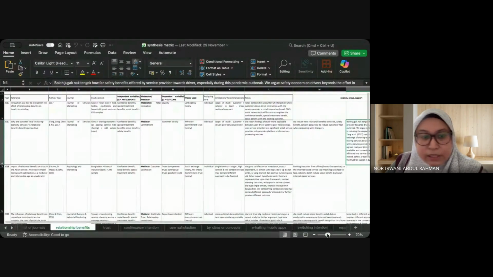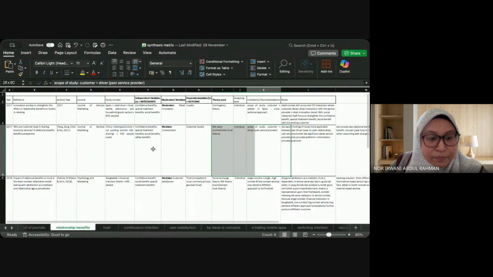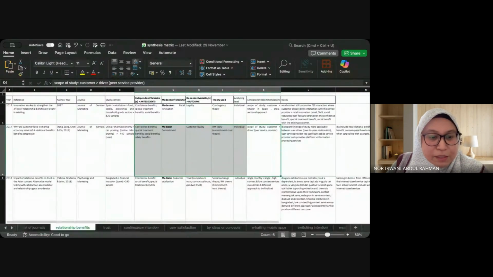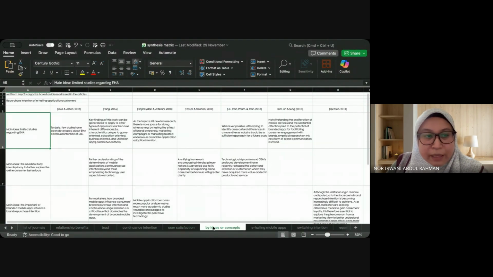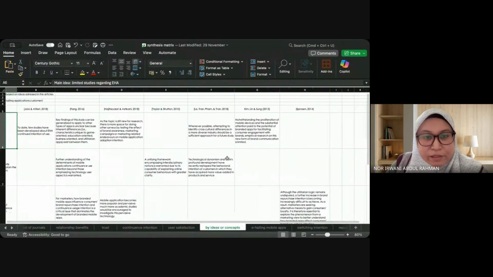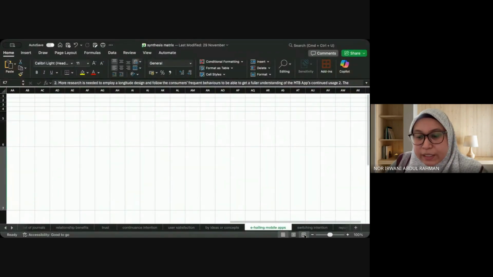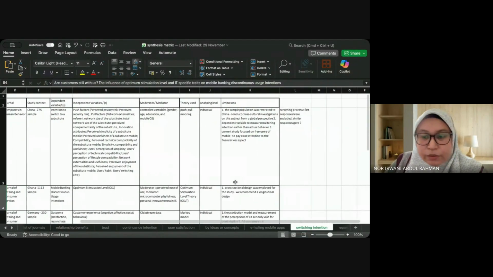This one is my synthesized matrix, and this one is based on the journal. See my journal, same as I asked you to do. The same matrix: trust, continuity, extension, user satisfaction, done by concept. There are many mobile apps, mobile app switching intention.